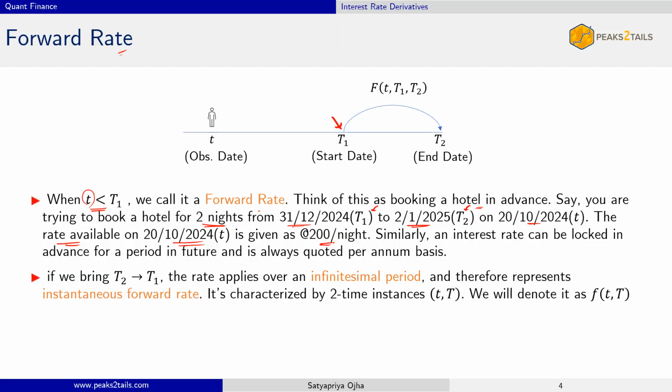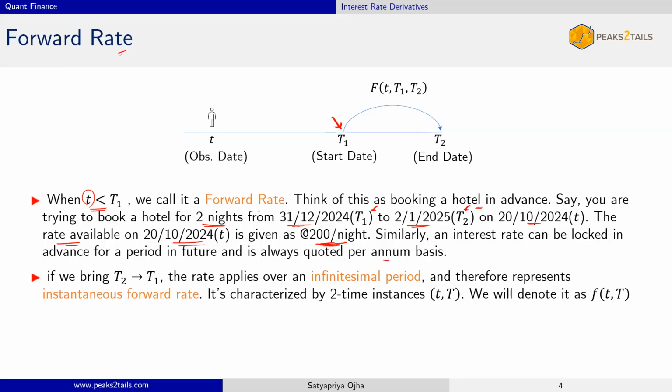Everything is similar. Okay, you got the idea of small t, capital T1, capital T2, right? And also to draw the parallel with respect to rate, the rates of hotels are quoted as dollar amount per night, and then you aggregate based on how many days you stay. Similarly, interest rates are quoted on a per annum basis. You need a standardized period, right? Per year, how much is the interest, or per 6 months? Nobody uses any other convention; the one single standard convention for interest rate is per annum.